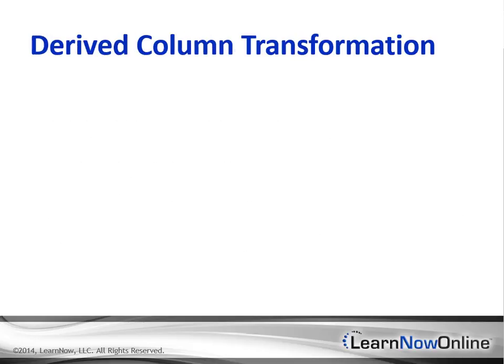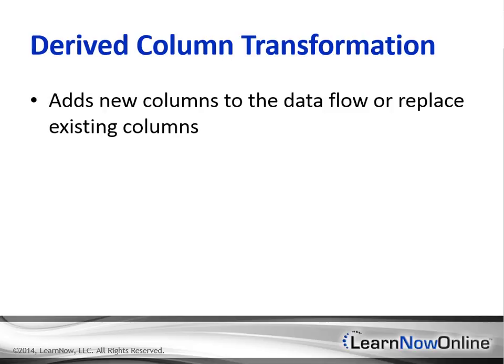Another component where you can use variables is a derived column transformation. This is one of the transformations within a data flow. This transformation can add new columns to the data flow or replace existing columns with the value of an expression.